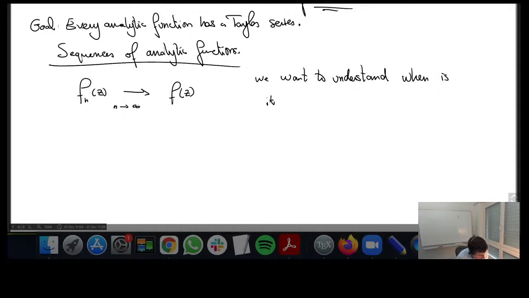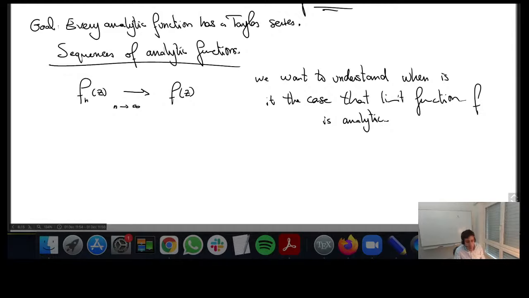We could have, say, pointwise convergence: for every z, this sequence of numbers converges. I'm sure you've seen different types of convergence in your analysis class. We want to understand when is it the case that the limit function f is analytic.